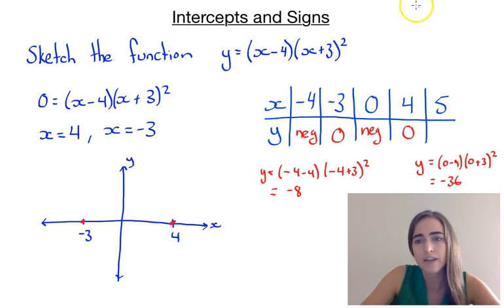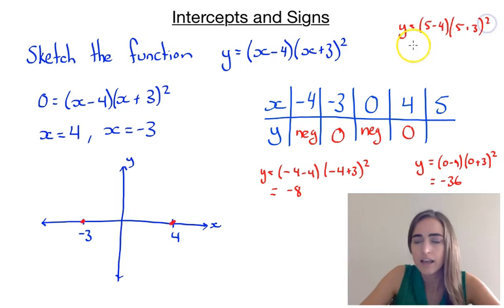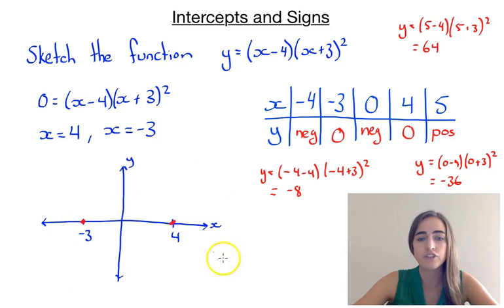And if we sub x equals 5 in there, we'd have y equals (5 minus 4)(5 plus 3) squared, and that would come out to give us 64, which is positive. So that tells us what's happening in each region.